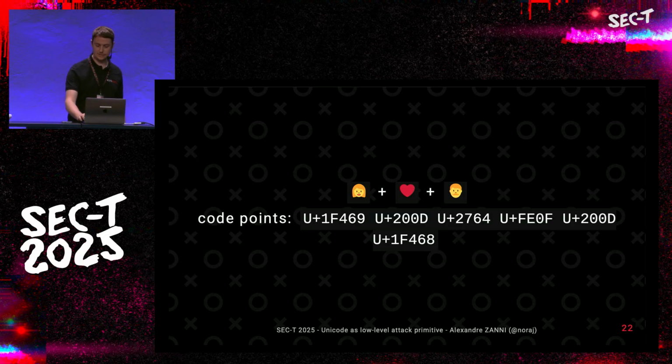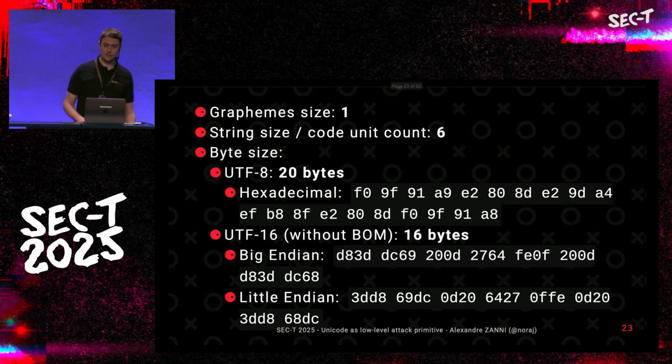So you have 6 code points. But visually, you have only one character. What you saw is called a grapheme. That's what a human can see. So there is only one grapheme, but as we saw, there are 6 code points.